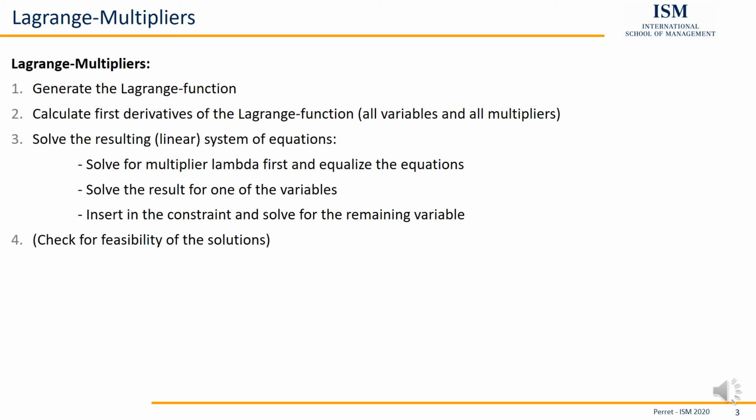And in this Hesse matrix, you can insert your solutions. Then you calculate the rank of this matrix. If this rank is full rank, then you have a valid solution, a feasible solution. If it's not, then it's an infeasible solution and you're not allowed to consider it further. That's the 4th step.